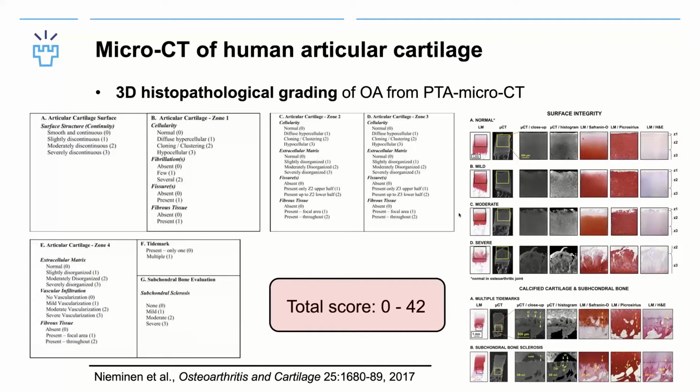This was published a few years ago, and researchers can use it if they want to do more thorough grading than what you can do in conventional histology, because there you look only at the sample sections, one section at a time, and it's fairly time consuming and hard work to sample those few-micrometer sections from every area of the joint. But if you use this kind of micro-CT approach, you can actually look at the whole tissue volume and do the grading there.